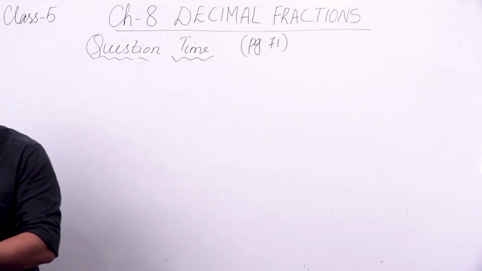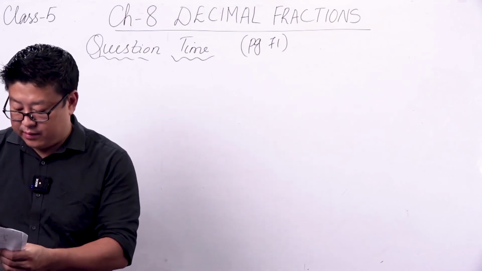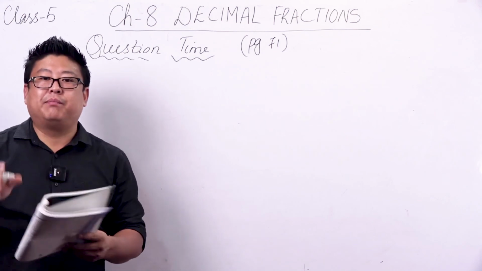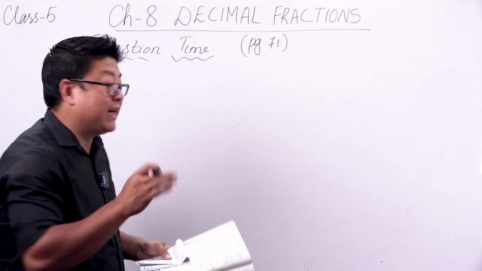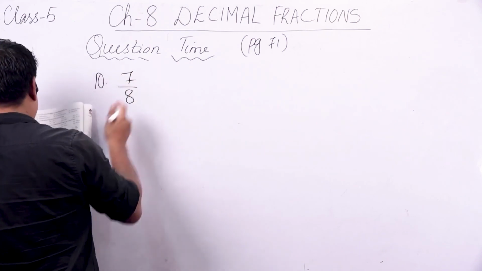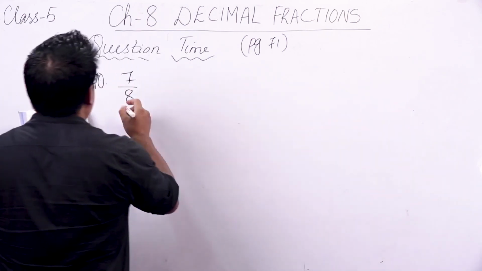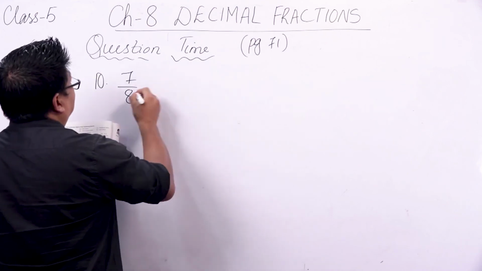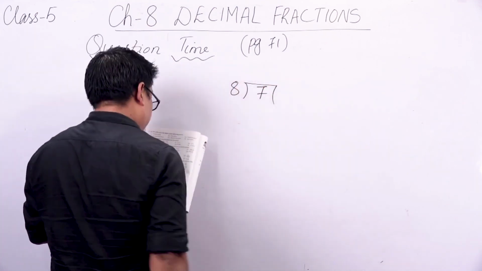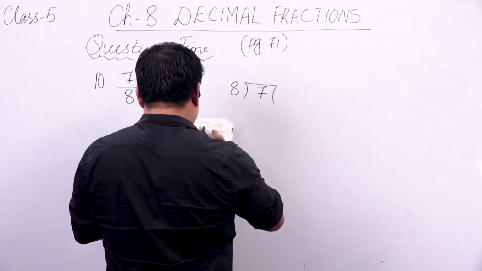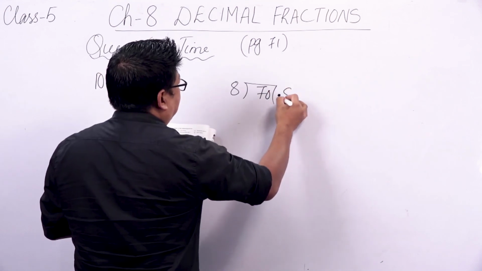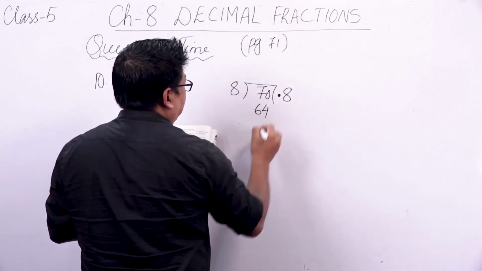Before we wind up, let's look at question number 10. Convert the following fractions into decimals by the division method, by dividing. Okay. So the first question is 7 by 8. So directly you divide 7 by 8. 7 is not possible, so I put a point here and put a 0. 8 into 8 is 64.